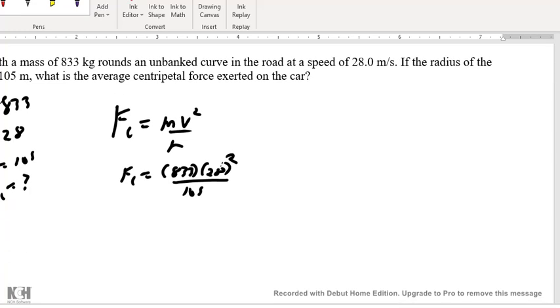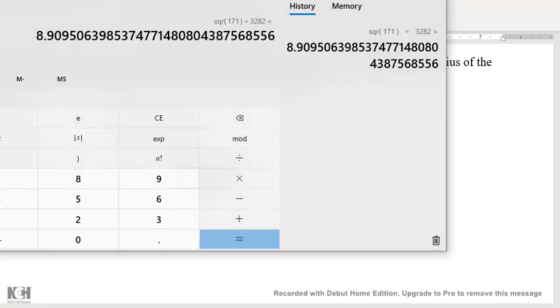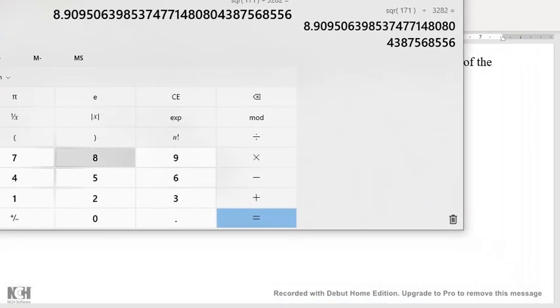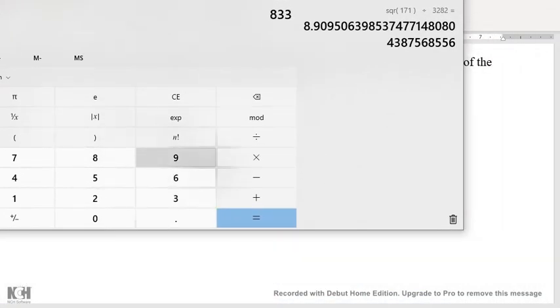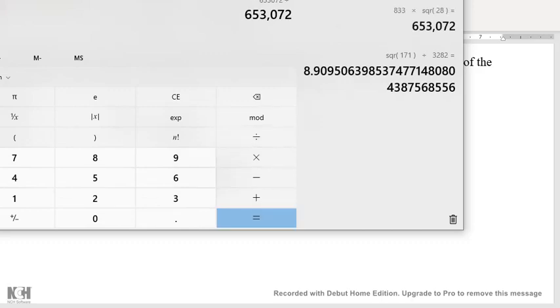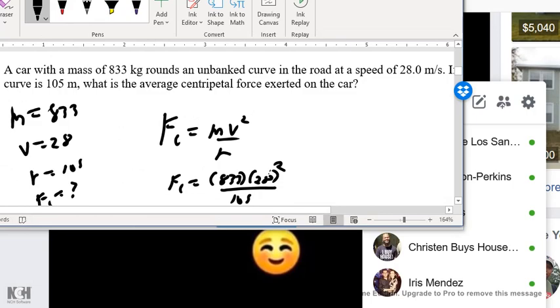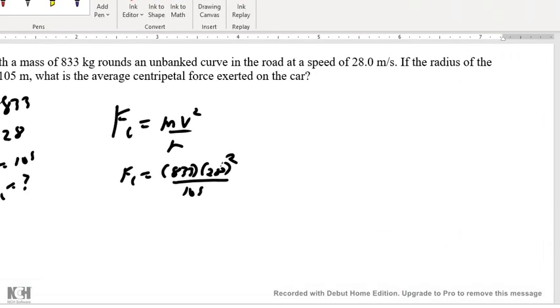So all you got to do now is go to the handy dandy calculator again. Boom. What do we have? 833 times 28 squared divided by, let's see what that radius was, 105.